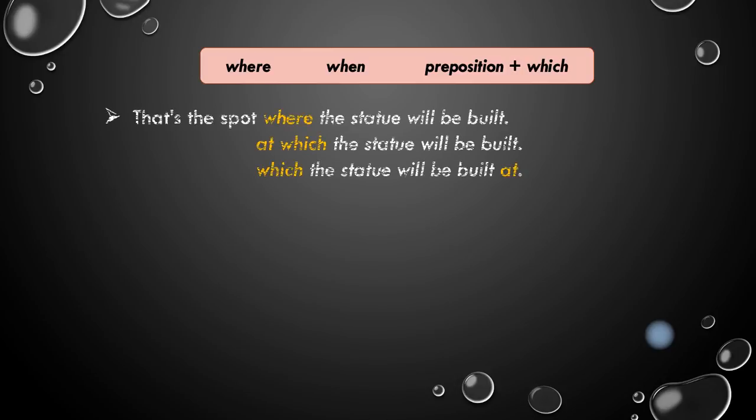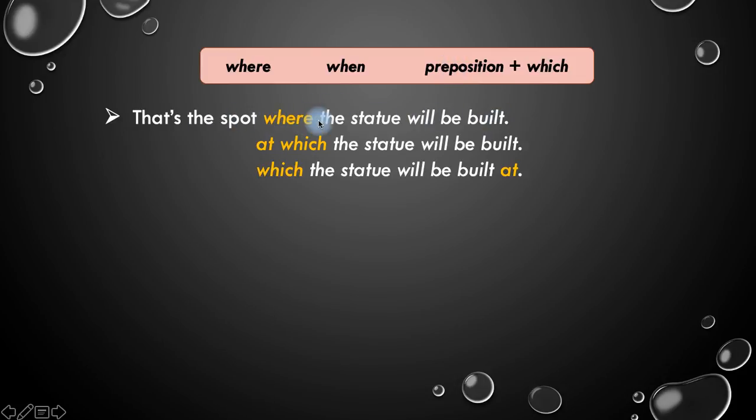Let's continue. Sometimes we can also use preposition plus which instead of where or when in sentences. But please remember that we always need a preposition. That's the spot where the statue will be built.